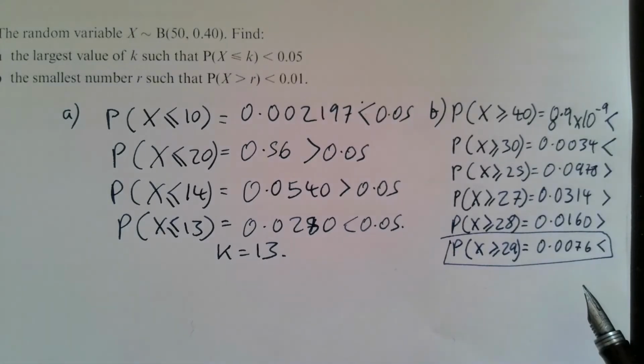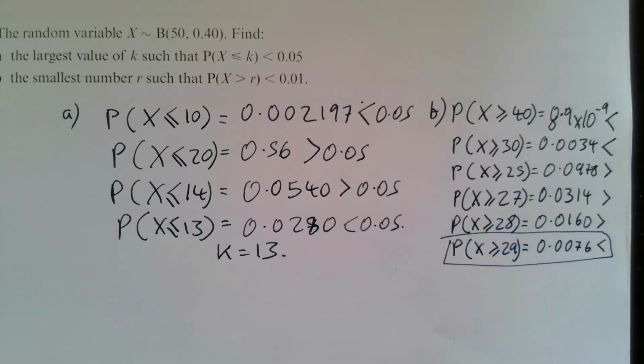So if we had 29, it would be smaller than. If we had or equals to 28, it's going to be 28 that we want, isn't it? Because we want the smallest number that make it have that. Now that's or equals to, which means that 28 is our number.